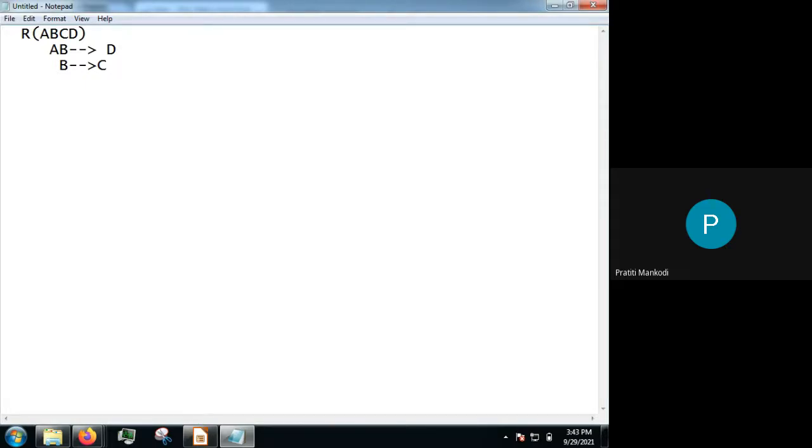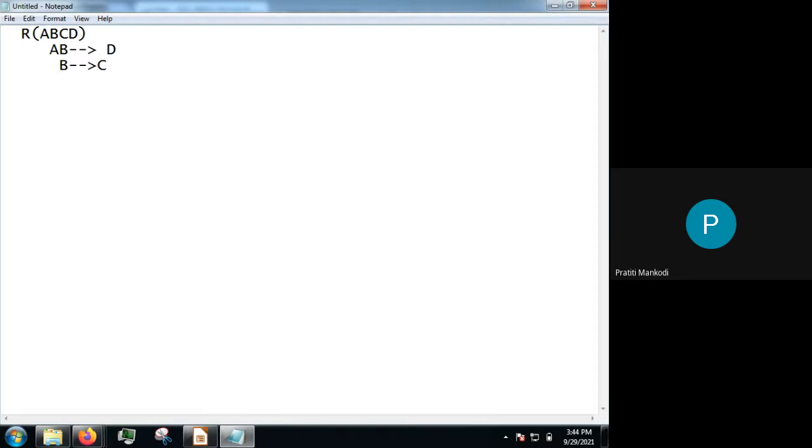Here what is happening? D is dependent on the entire AB, right? And C is only dependent on part of the candidate key, a subset of the candidate key. Agreed? Getting the statement, right?